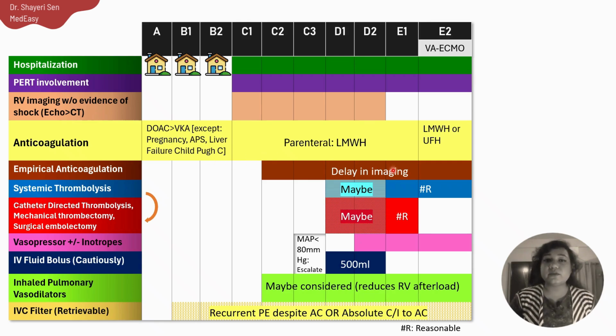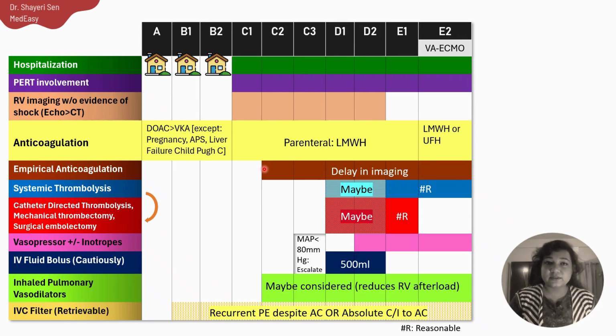Coming to C1 to E1, in these patients, we are going to give parenteral anticoagulation in the form of low molecular weight heparin. And in E2 patients, we can either give low molecular weight heparin or unfractionated heparin as per the patient's requirements, right?